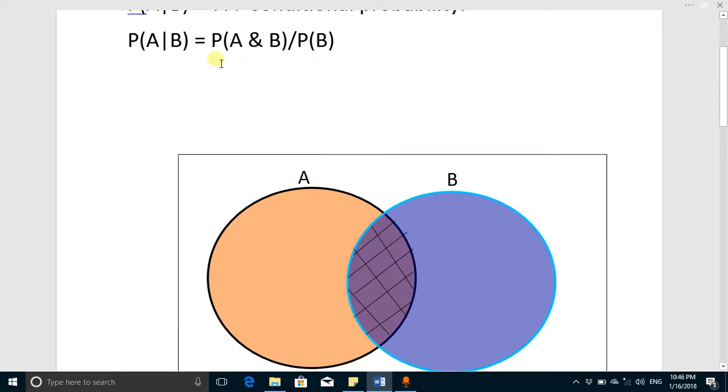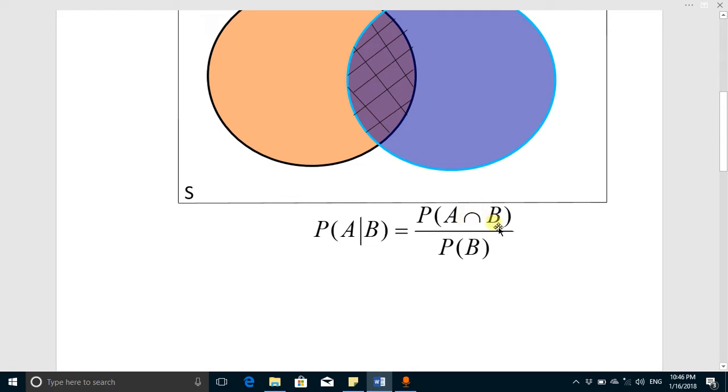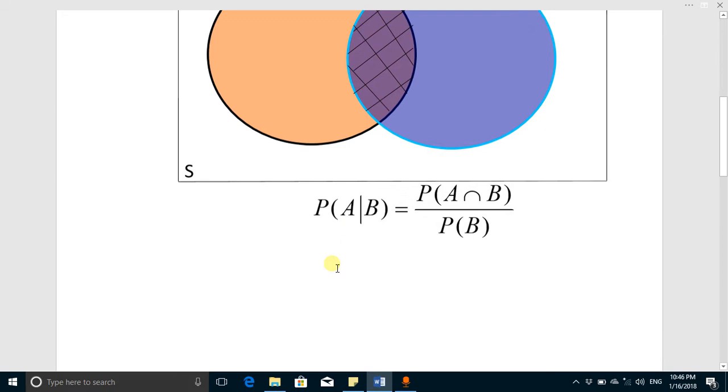From this law we can derive some other formulas as well.